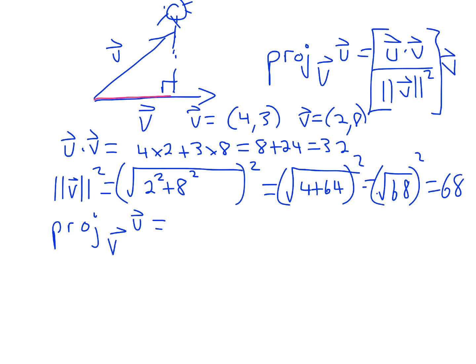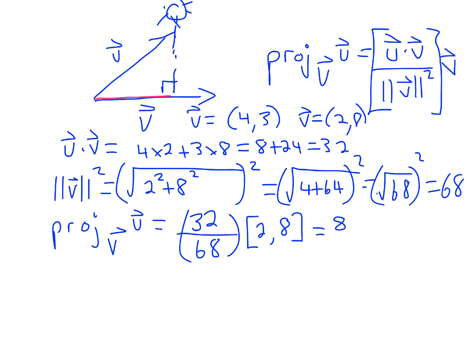On the top, remember we got 32 for the dot product. On the bottom we have 68, so that's our fraction, and then we're going to multiply it by vector V, which is 2, 8. And so we can reduce our fraction to lowest terms, 32 and 68, I think both divide by 4.